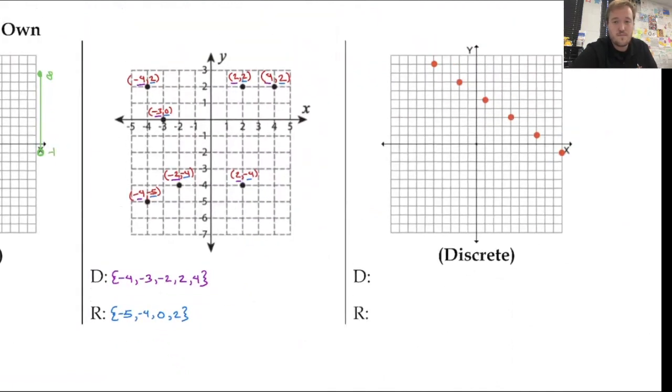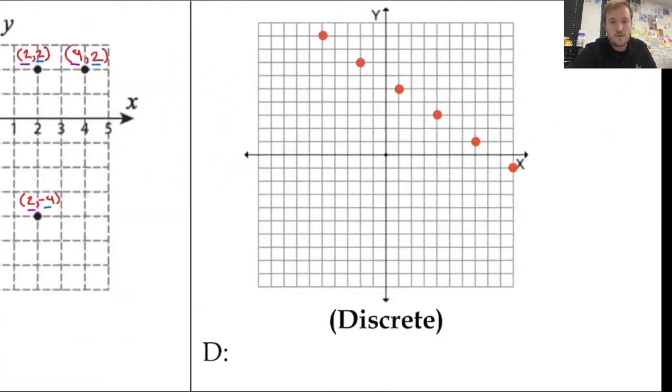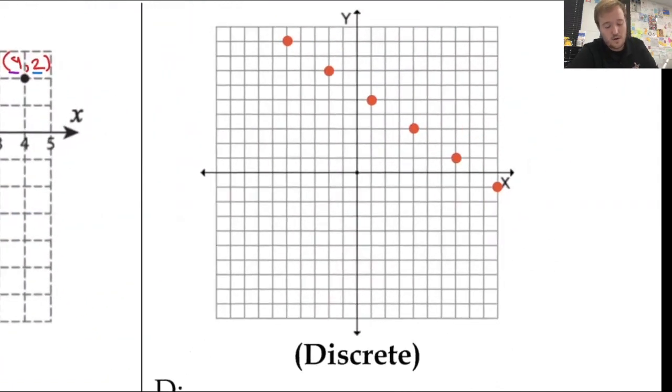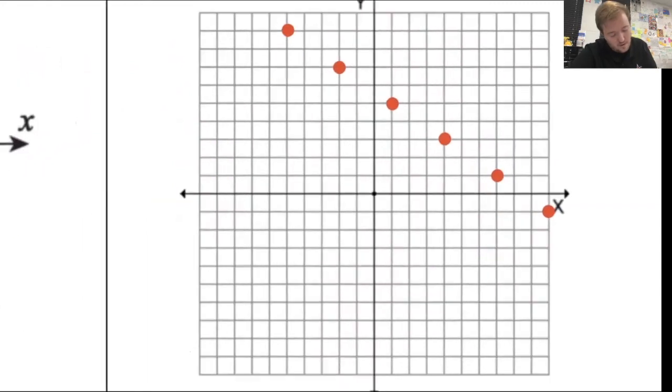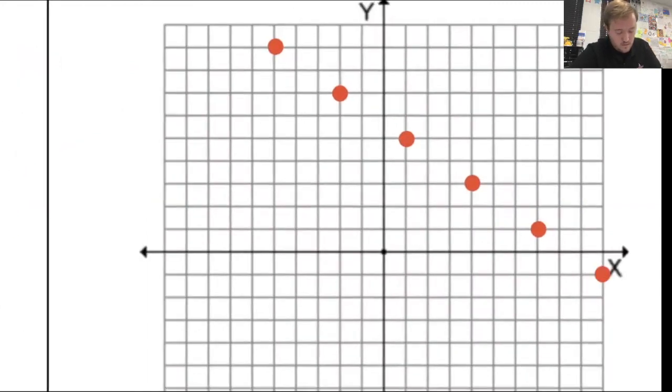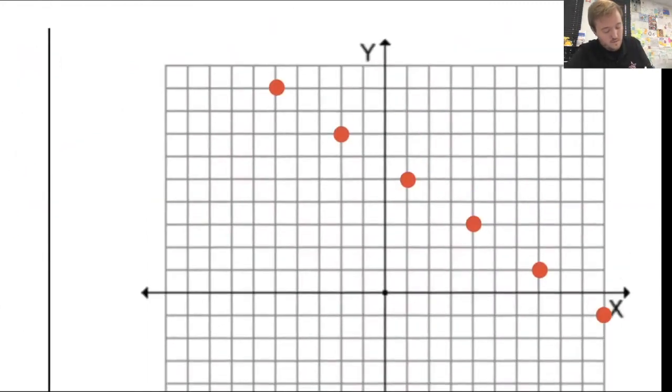All right. So now we have this discrete function. So I would actually say pause here, try this one on your own. Or don't, everything's fine. So this is -5, +9.